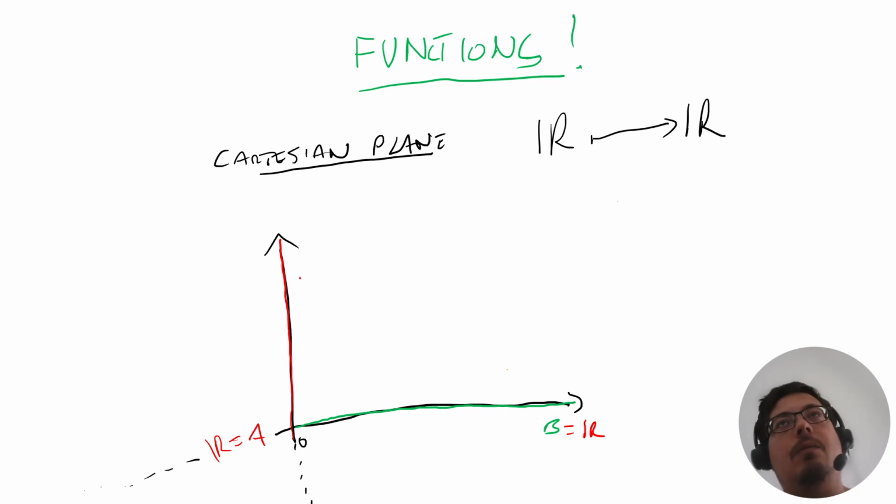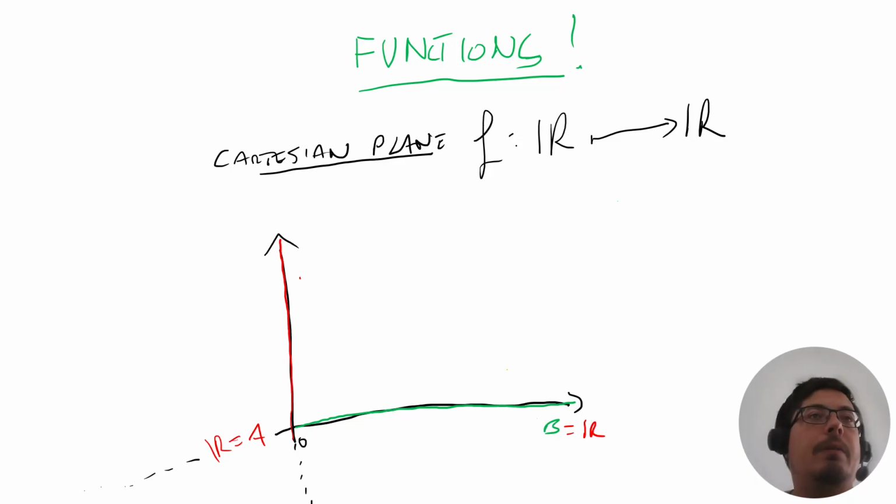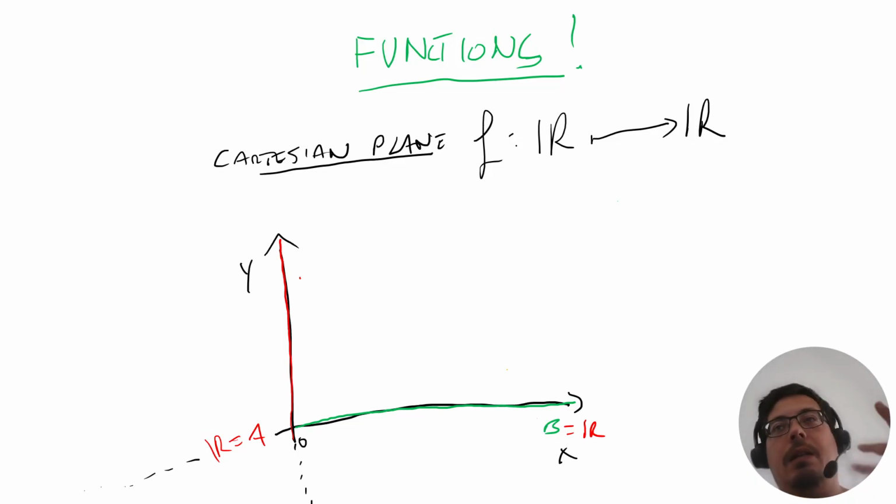But what is our function f? An example of function f. And by the way, we can call them y and x. You may remember from school x and y, abscissa and ordinate. I never remember which one is which, but let's call them x and y, horizontal and vertical axis.